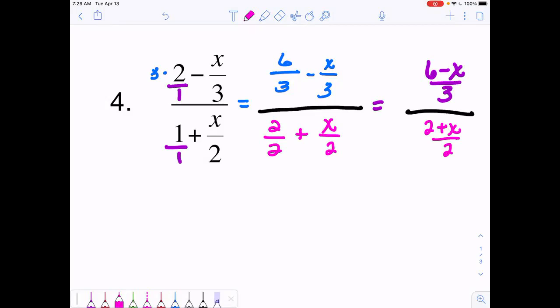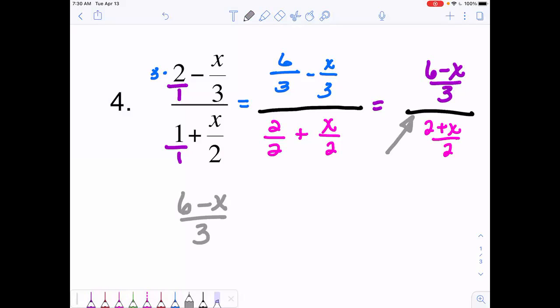So your numerator's fraction, the denominator's fraction. And then the last step here, that is my main fraction bar, but a fraction also means division. So you're taking the expression in the numerator and dividing it by the expression in the denominator.